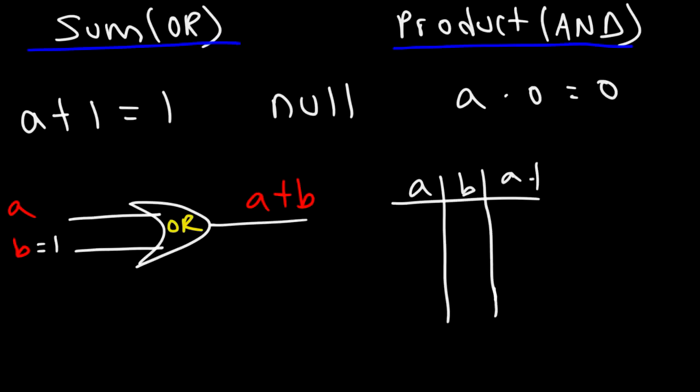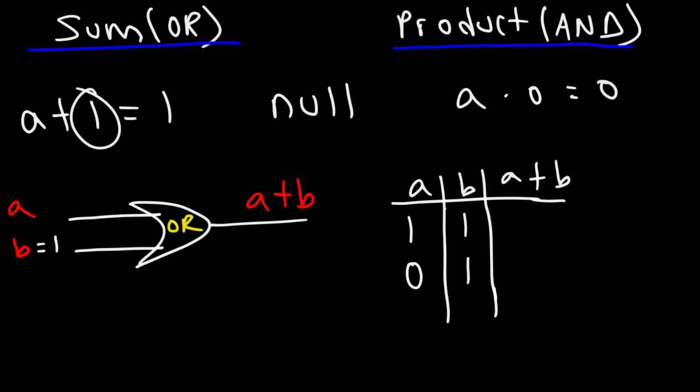Now remember, the output will be a 1 if either input A or input B is in the on state. So A could be 1 or 0. B is always 1. So this is B.